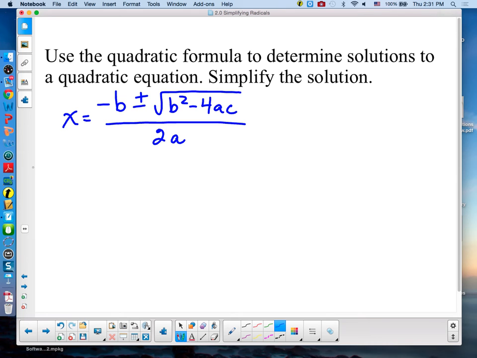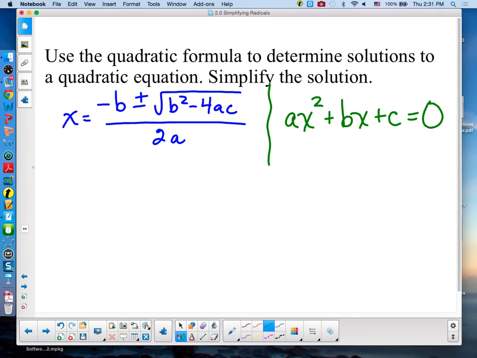They come from the general form of a quadratic. A quadratic equation, not the quadratic formula, is going to have something variable squared plus something variable not squared, and then a constant, equals 0.